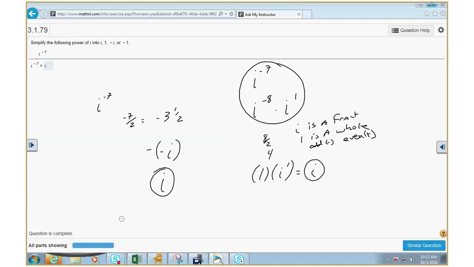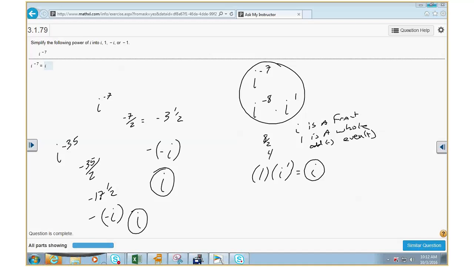What was the example? i to the negative 35. Negative 35 divided by 2 is equal to what? Negative 17.5, negative 17 and a half, which means i, and 17 is negative, but a negative out front would be positive i.